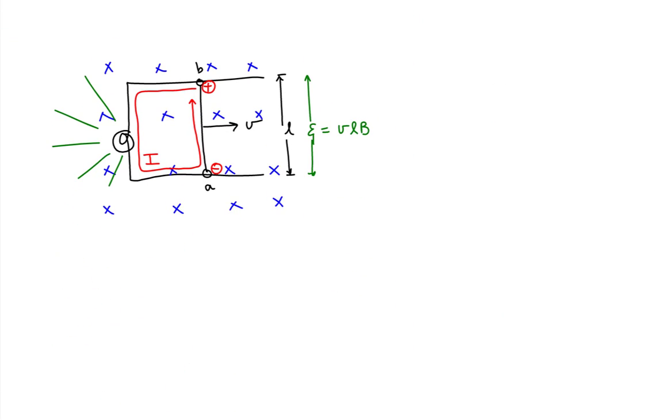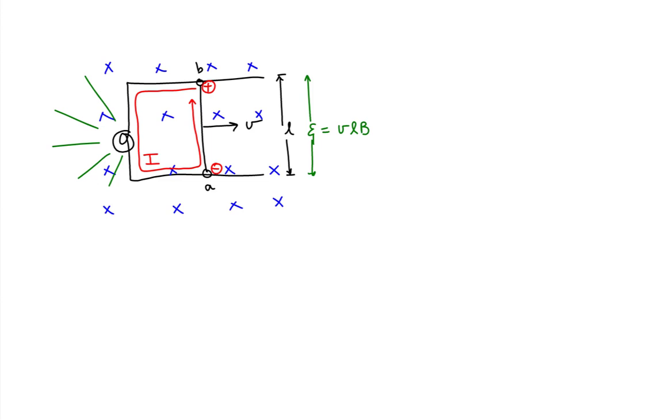Now we have to find what force we need to keep the wire moving. This is an important consideration because since there is an induced current in the wire, that induced current is going to experience a magnetic force based off of the fact that it's moving through a uniform magnetic field.